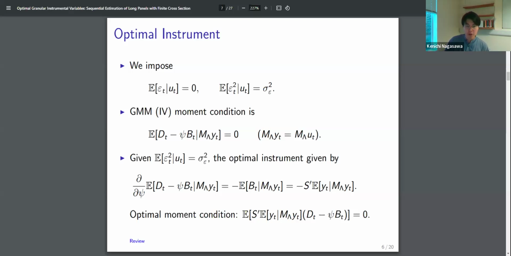Having this conditional moment restriction, we can characterize the optimal instrument or the optimal GMM estimator. Having assumed conditional homoscedasticity, the optimal instrument is given by the derivative of the moment condition with respect to the parameter of interest.